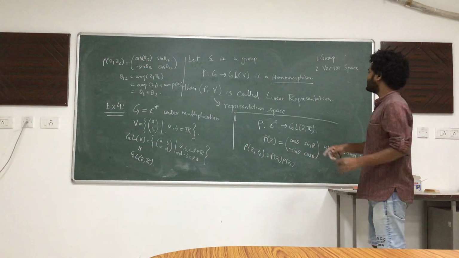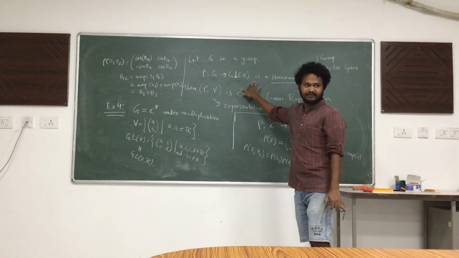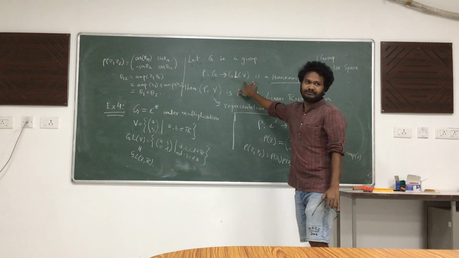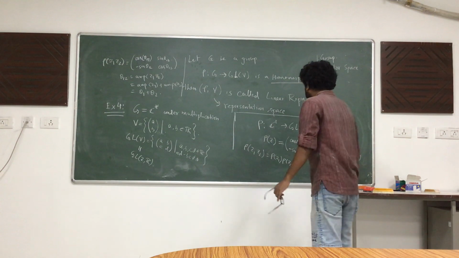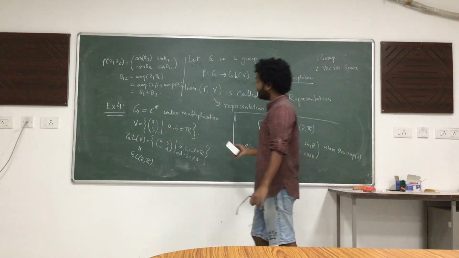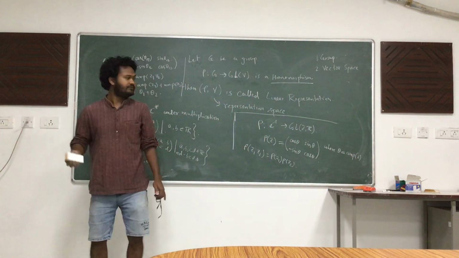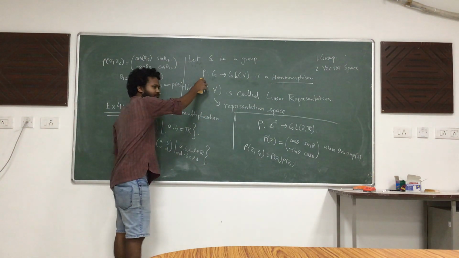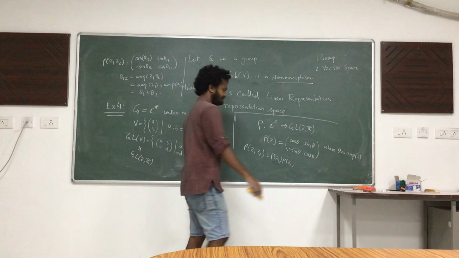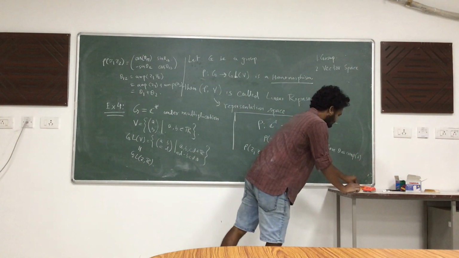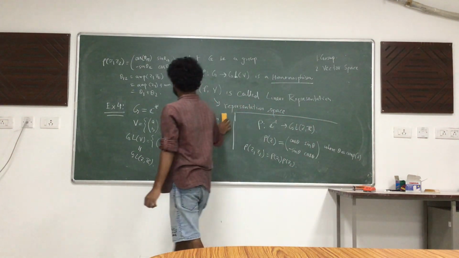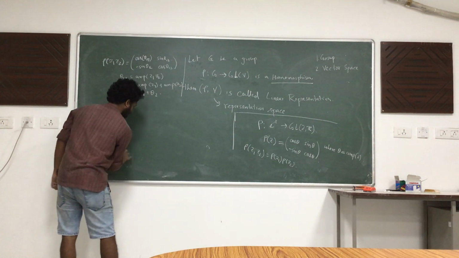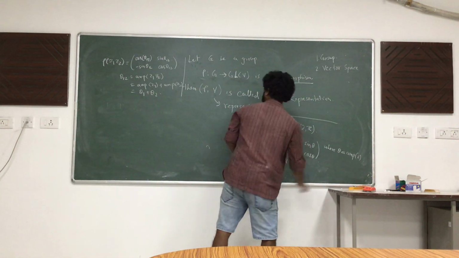Of course, one representation you can always give is the trivial representation. A representation will be called a faithful representation if rho, as a map, is 1 to 1. Let's write it down.